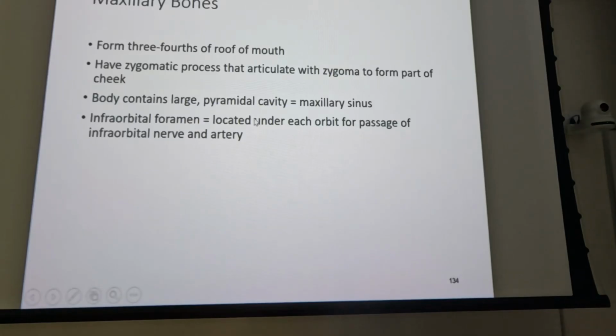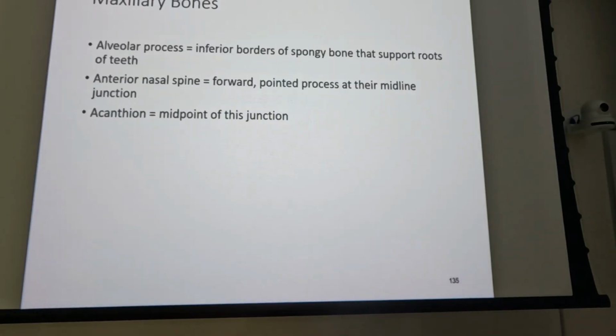Infraorbital foramen is a nutrient foramen, just for nerves and arteries to come through. It has the alveolar process, so that with the mandible are the only facial bones that have alveolar processes. Anterior nasal spine is where the two sides come together, and they kind of push out just a little bit. That's at your acanthion.